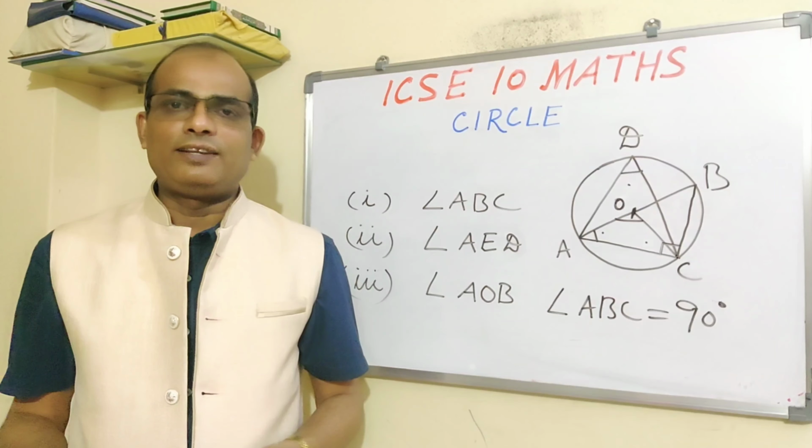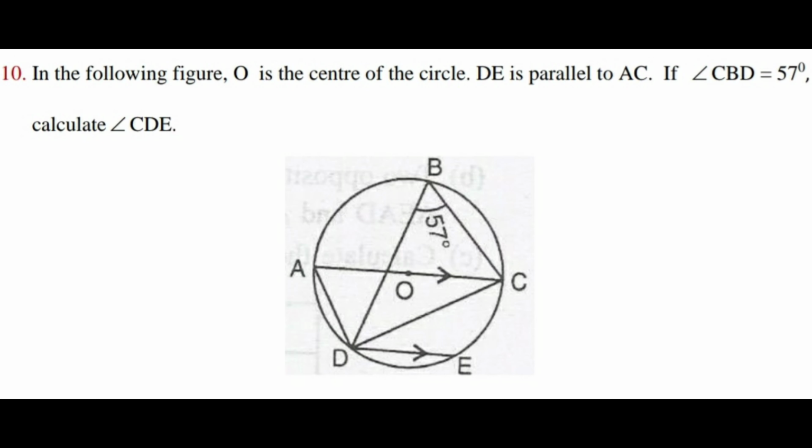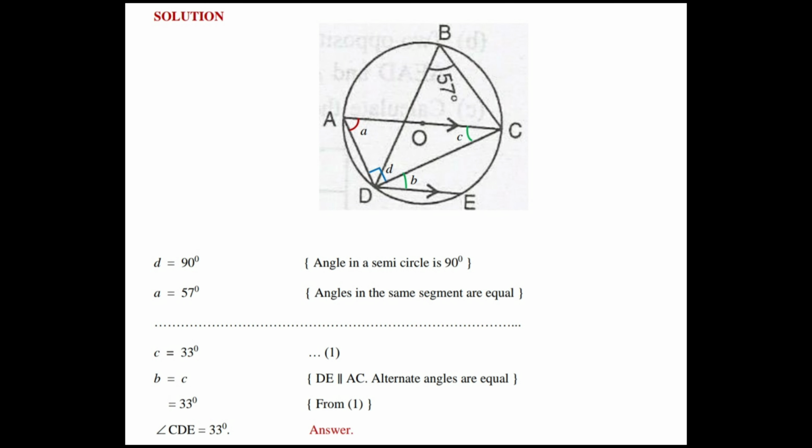Alright, so please look at the screen. There is a question, and in that question you have been asked to find out the value of angle CDE. Angle CDE. Now see how I am doing.